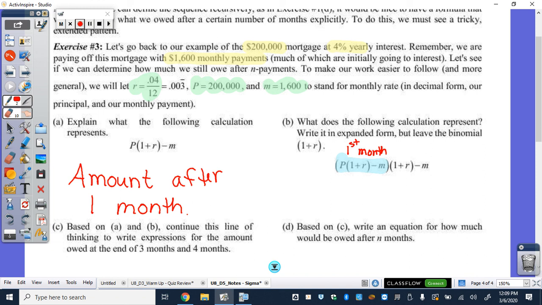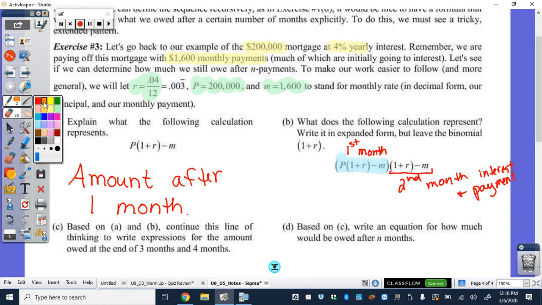But this way, that is our first month: P times 1 plus R minus your M. So then this right here is the second month of interest and payment. So that 1 plus R is being multiplied by the previous month, and then I'm subtracting my monthly payment here.